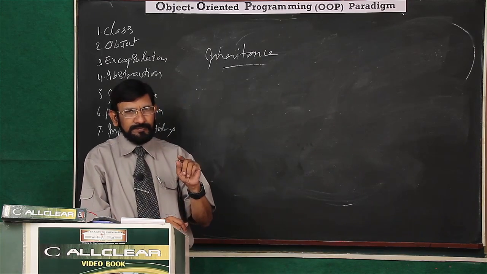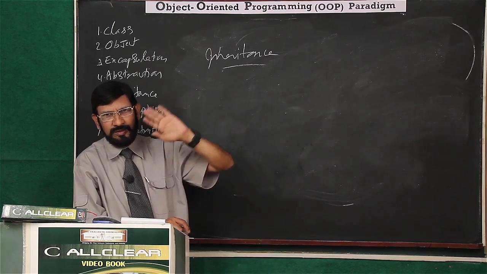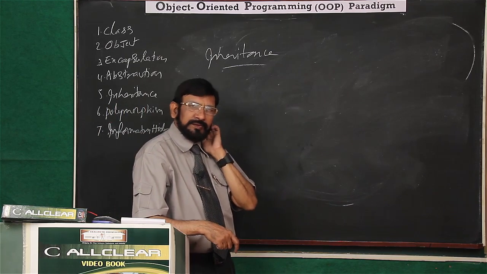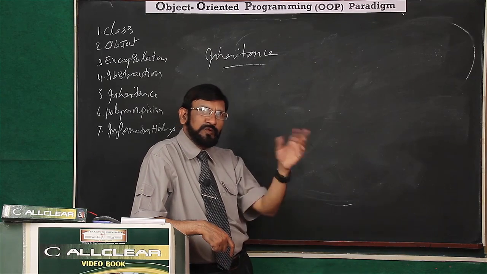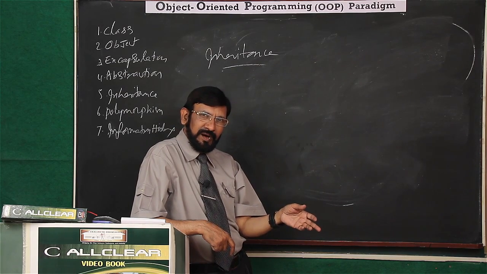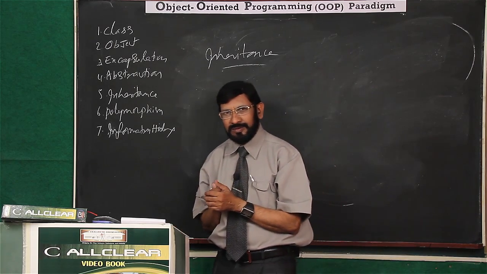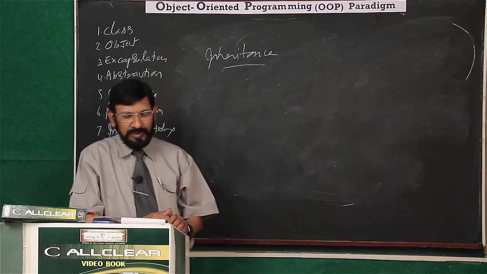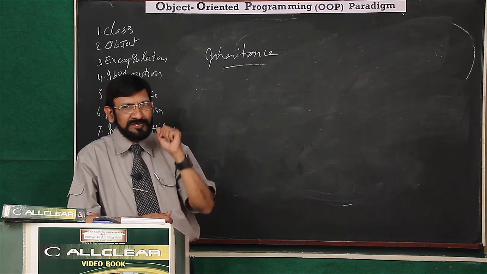One is to develop from scratch to end, on your own. The second is to develop a new thing by improving some other existing thing, or by adding some value to it. So, in inheritance, you develop a new thing by using existing things.